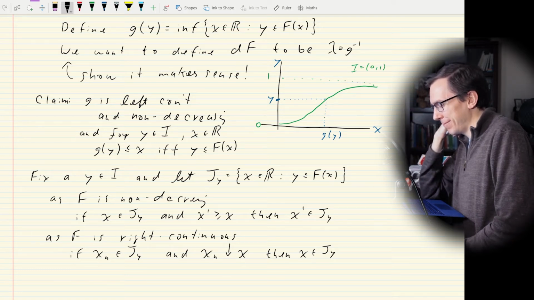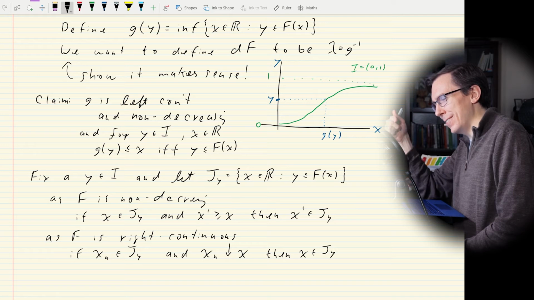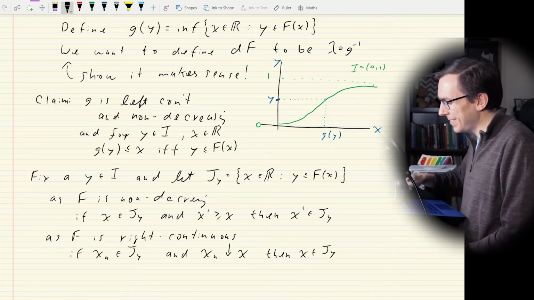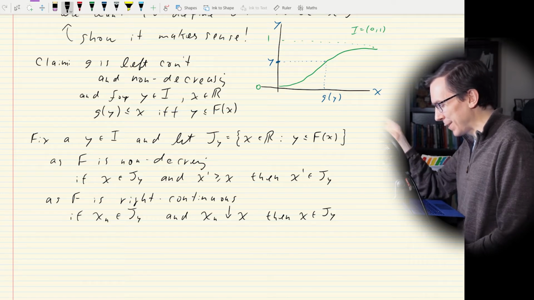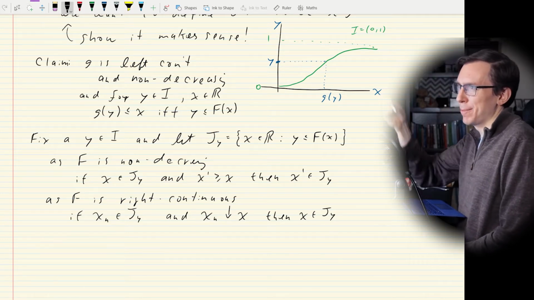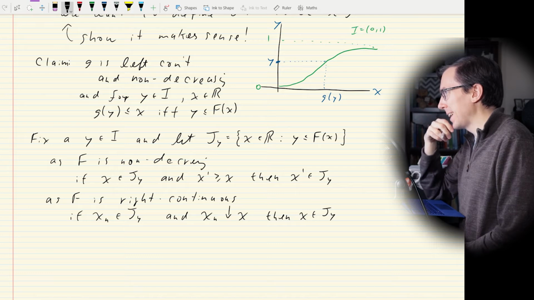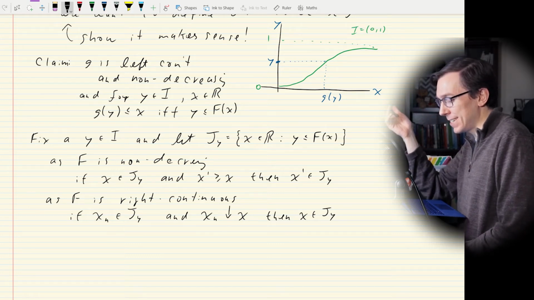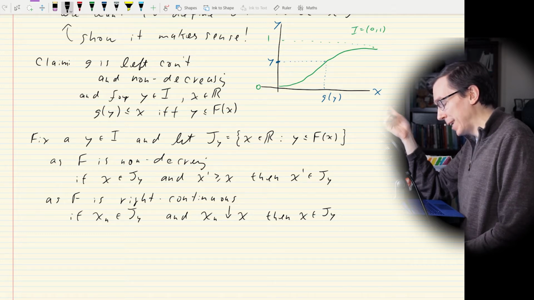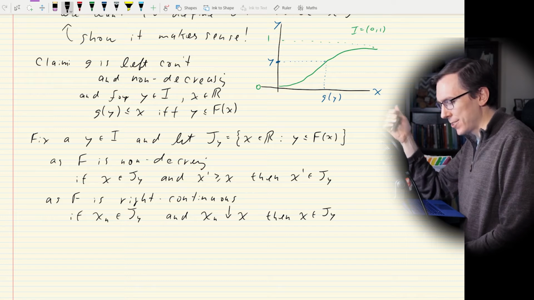Because it's continuous from the right. Huh, I feel like they should change the name of this, but that's okay. It's continuous from the right, so that's what they're getting at here, which means that the left endpoint is included, which means we can take a decreasing sequence of x_n, and whatever it converges to, x is going to be in this set, as long as all the x_n's are in that.